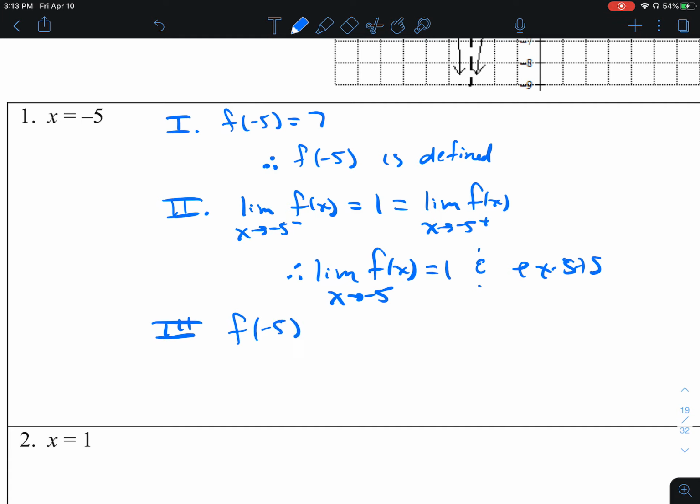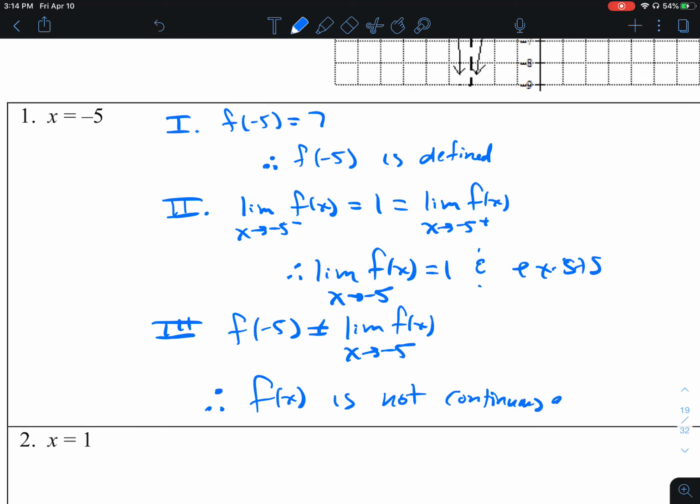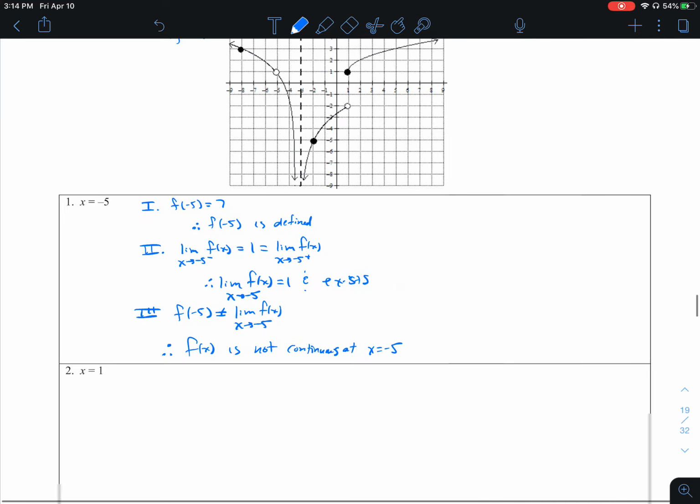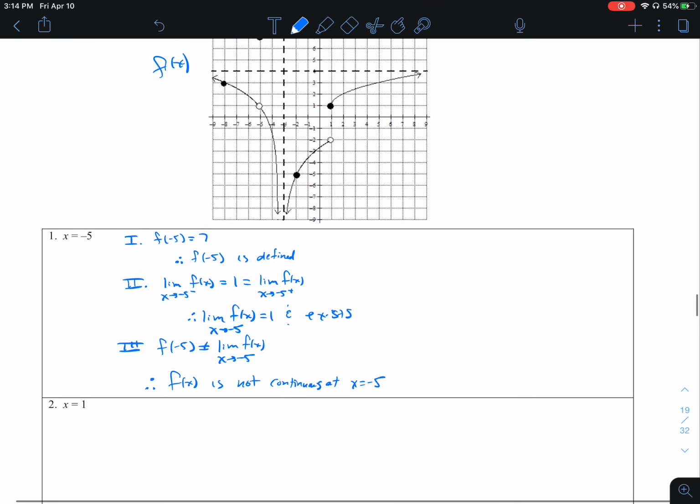So then here I can say f of -5 does not equal the limit of f of x as x approaches -5. Therefore, f of x is not continuous at x equals -5. Boom.